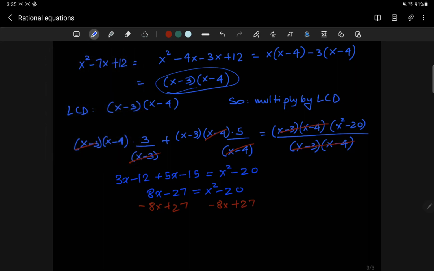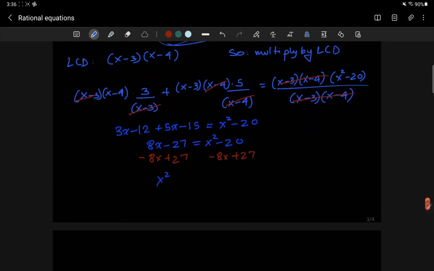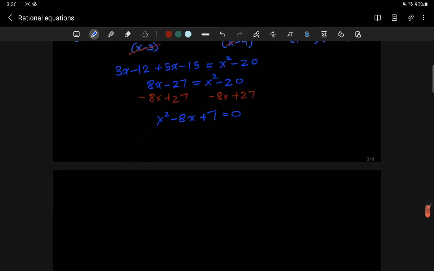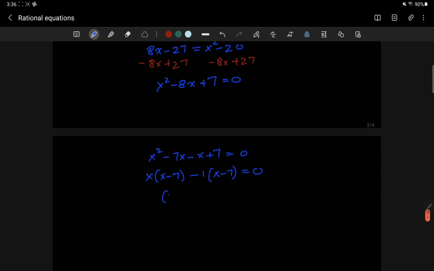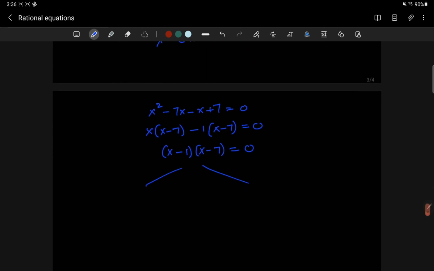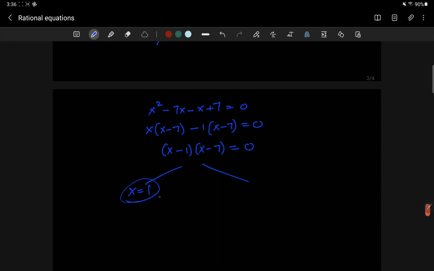When we collect everything to one side, this ends up being x squared minus 8x plus 27 minus 20, which is 7, equals 0, which then factors as negative 7, negative 1, to get x minus 1 times x minus 7, which gives me two results, namely x is 1 or x is 7.